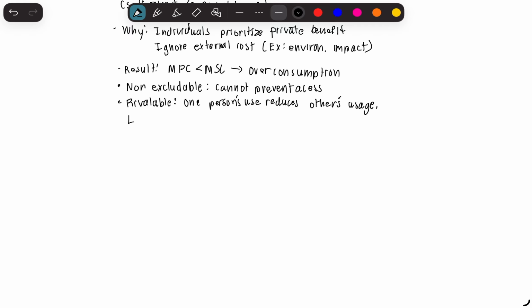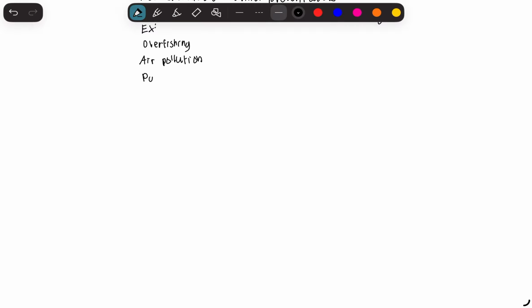So some common examples include overfishing, air pollution, and also public grazing land. Because, for example, you have a whole bunch of gazelle. You want your gazelle to eat a lot of food so you can sell them. And you don't really care that the environment is being hurt because it's not your problem.